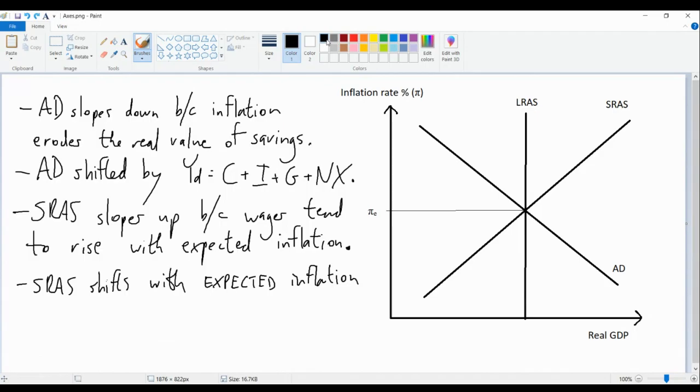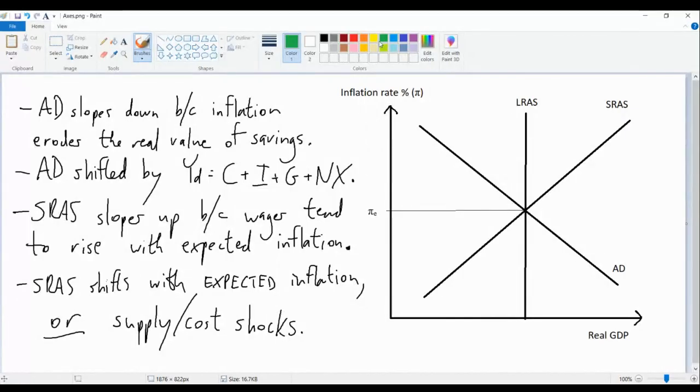But it's not the only factor that might shift the supply curve, and that's important to remember. The other thing that could affect the position of the supply curve is what the textbook calls supply shocks. Remember, I refer to them as cost shocks, because I think calling them cost shocks reminds us of what must ultimately be behind them.